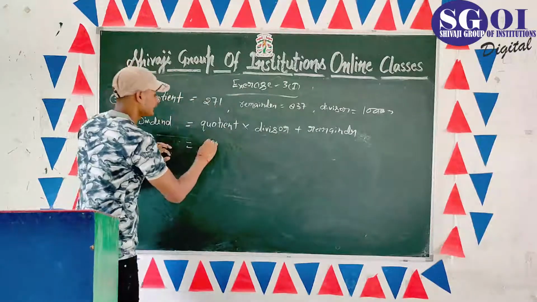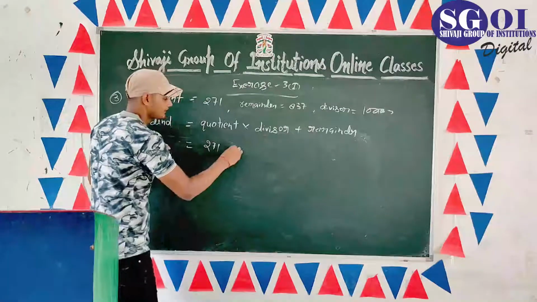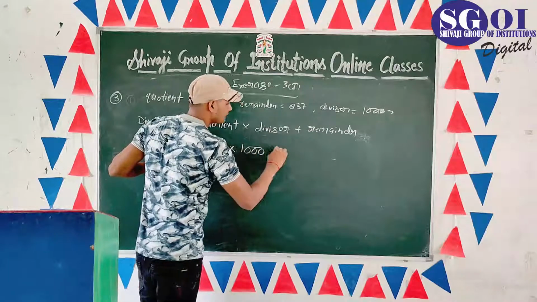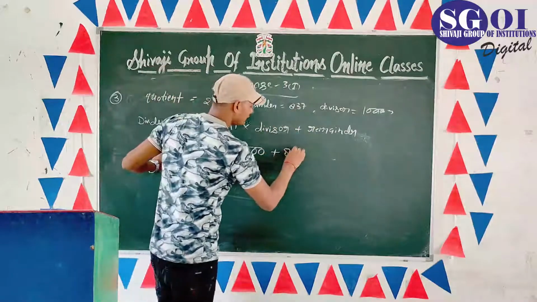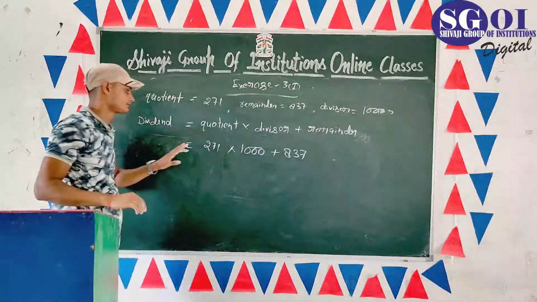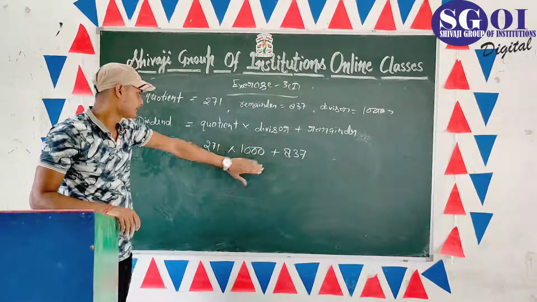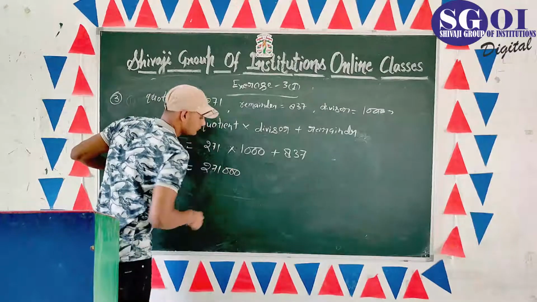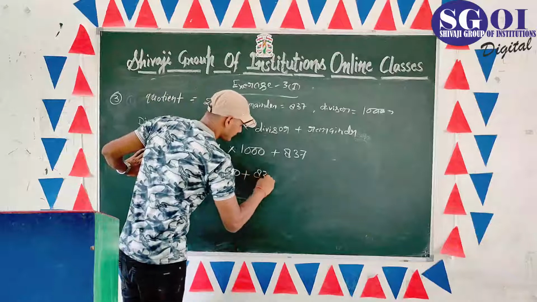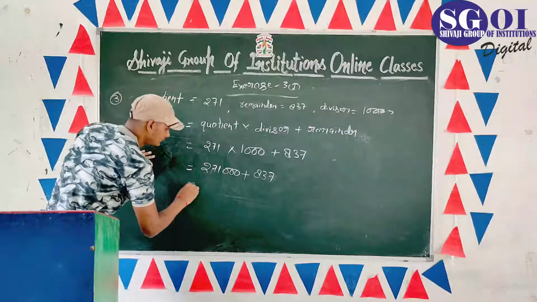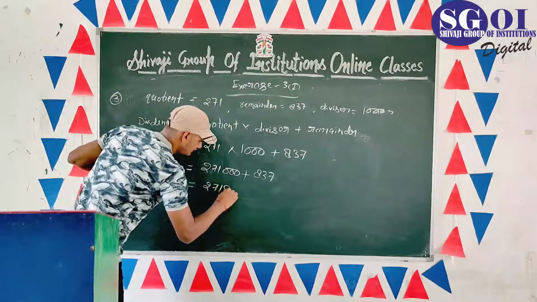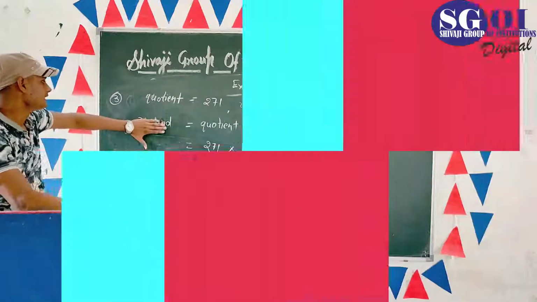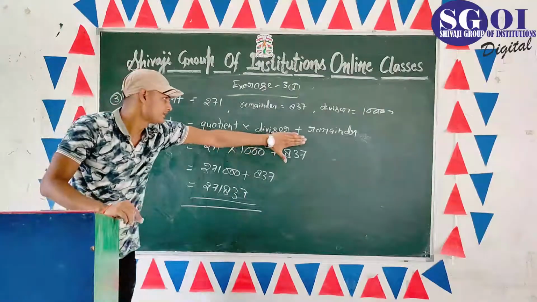Quotient is equal to 271, multiply by divisor 1000, plus remainder 837. Multiply 271 by 1000, plus 837. Your answer is, okay, students, dividend is equal to quotient into divisor plus remainder.